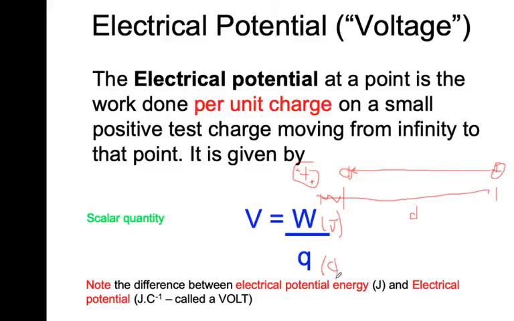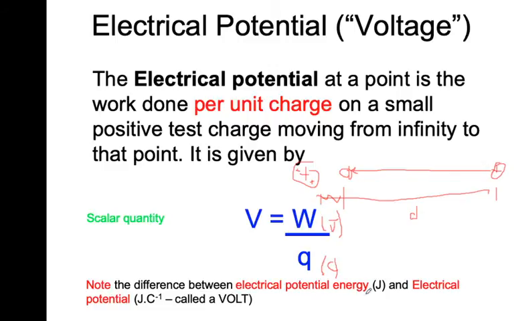So it depends if we're working with something that is 1 coulomb in charge or maybe 1,000 coulombs. We're going to have a different voltage depending on how much work it takes to move it to this new location and that charge.